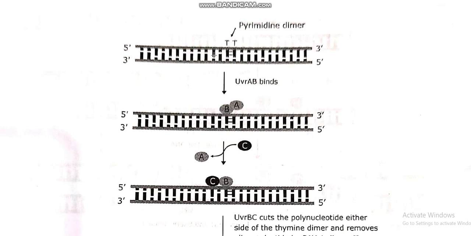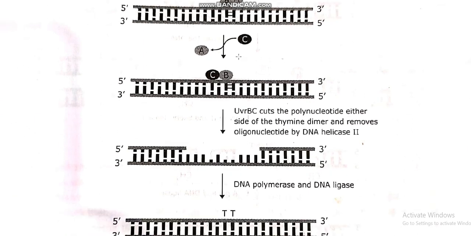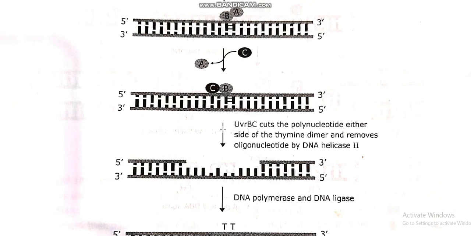Here the thymine dimer is there, so UvrB and C will cut, some base pairs before and after it. That will remove some nucleotides. After the removal of the oligonucleotides, mainly 9 to 10, or within 15 nucleotides, can be removed or degraded by the catalytic activity of UvrABC.